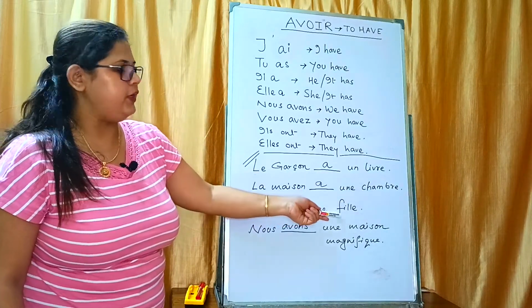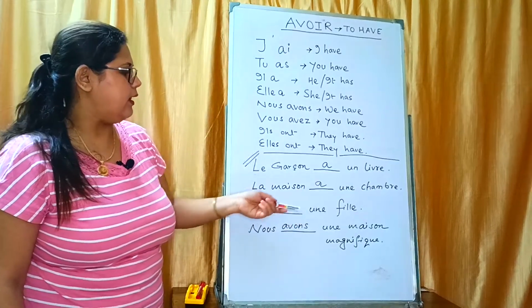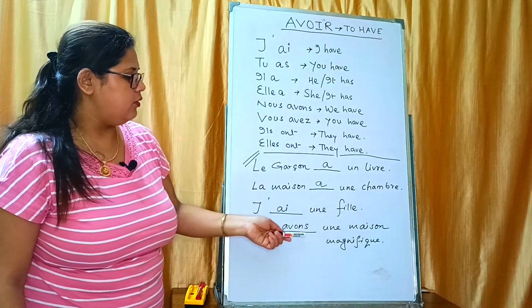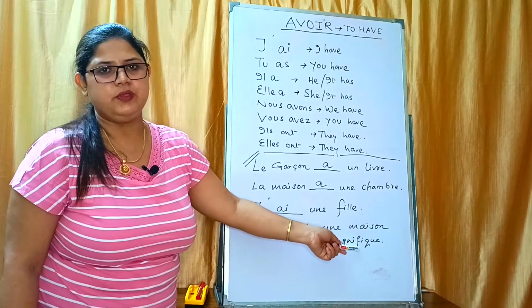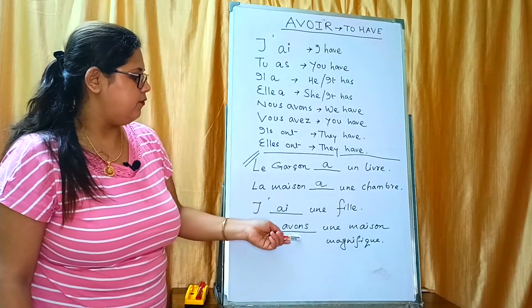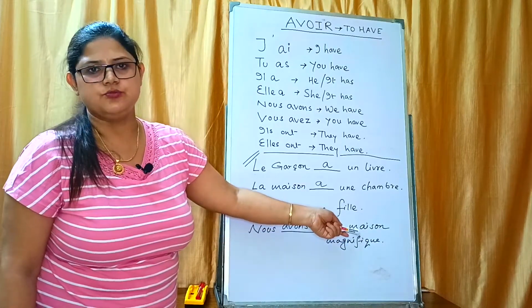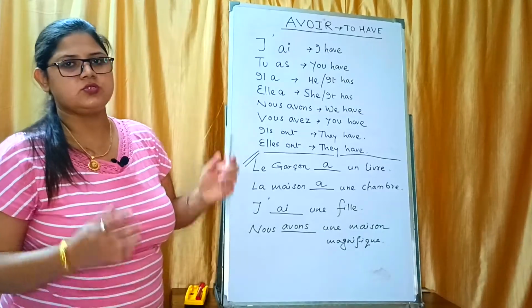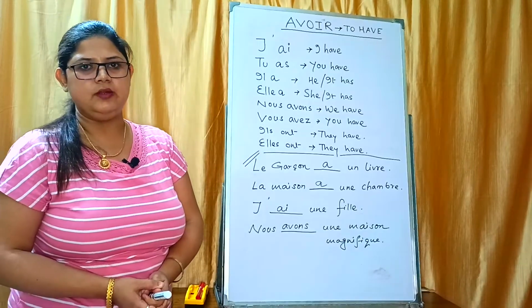J'ai une fille. I have a daughter. Nous avons une maison magnifique. We have a beautiful house. So that's how we can construct a sentence with the avoir verb.